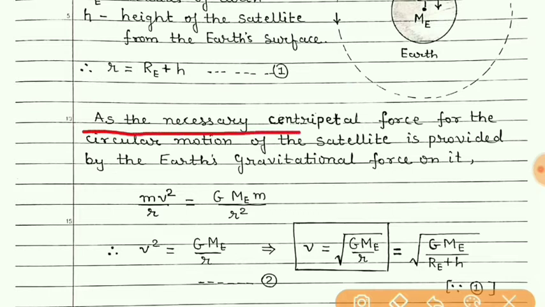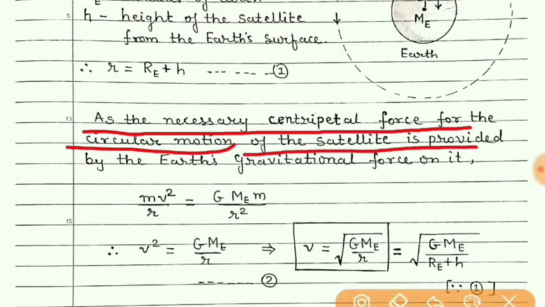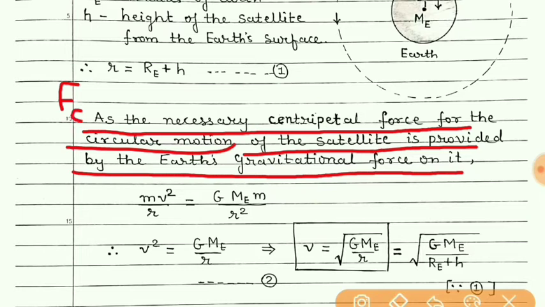As the necessary centripetal force for the circular motion of the satellite is provided by the Earth's gravitational force on it, we can write that centripetal force is equal to gravitational force.